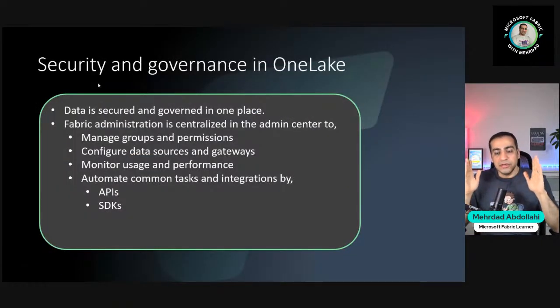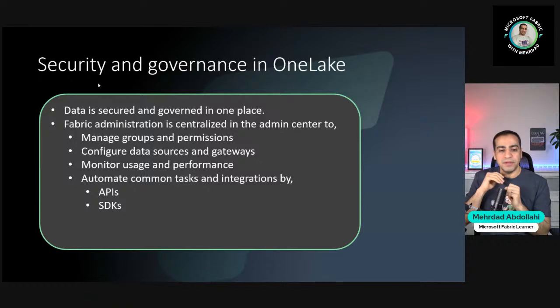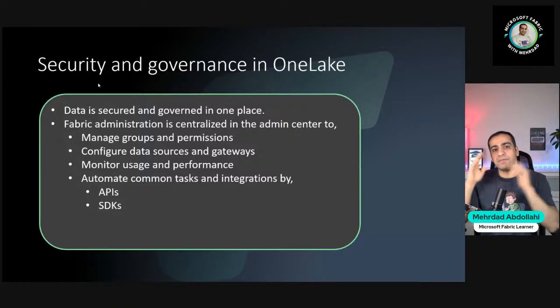And about the security and governance in OneLake, as we discussed, the data is basically stored in one place, and everything is managed in one place, and the data is governed and secured in one place. The Fabric administration is centralized in the admin center to manage the groups and permissions.